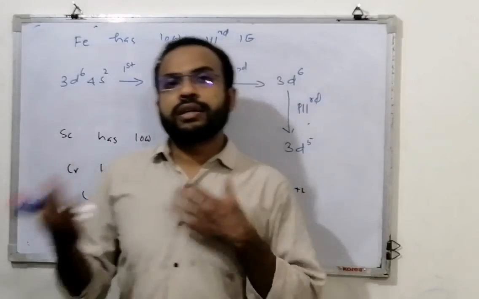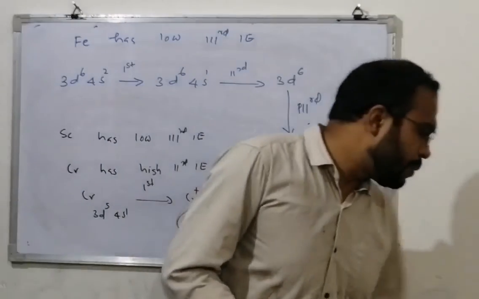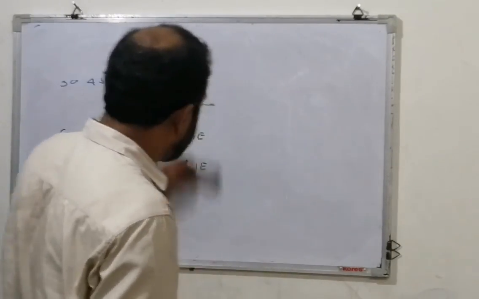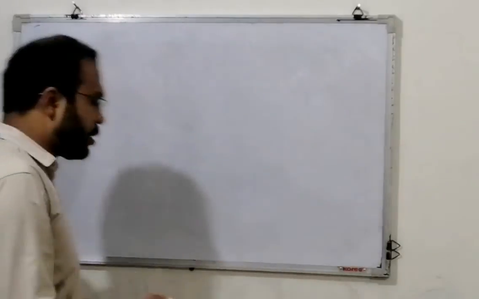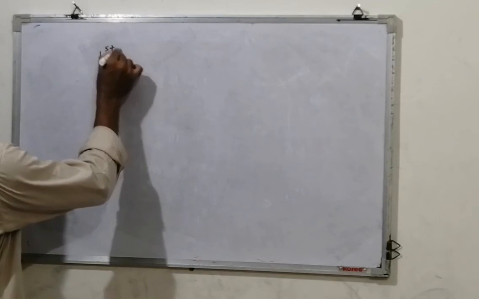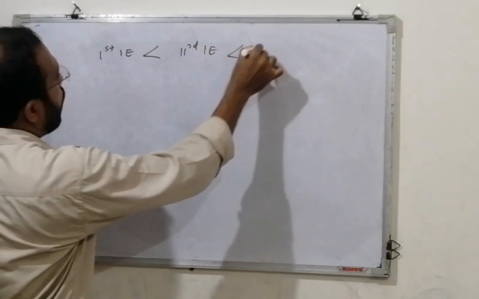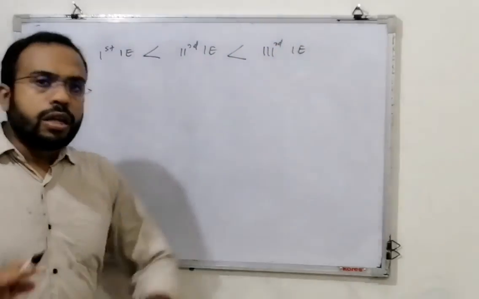Low first ionization energy means when you compare with the first ionization energy of other elements, this element has a lower one. Never think that low second ionization energy means it is lower than the first ionization energy; first ionization energy is always smaller than second, which is always smaller than third.